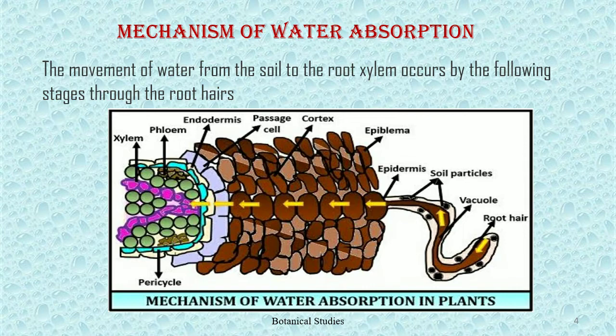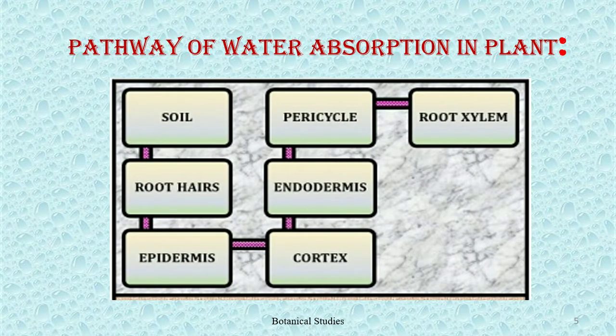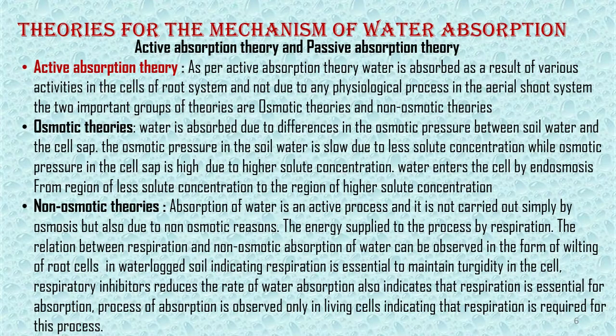Thus, water will be stored in the root xylem, which the plant body uses to perform various metabolic activities and most importantly for its growth. This diagram represents the pathway of water absorption in plants. The water is absorbed from the soil by the root hairs. Then it passes to the epidermis, then to the cortex, then the endodermis, then the pericycle, and next to the root xylem.